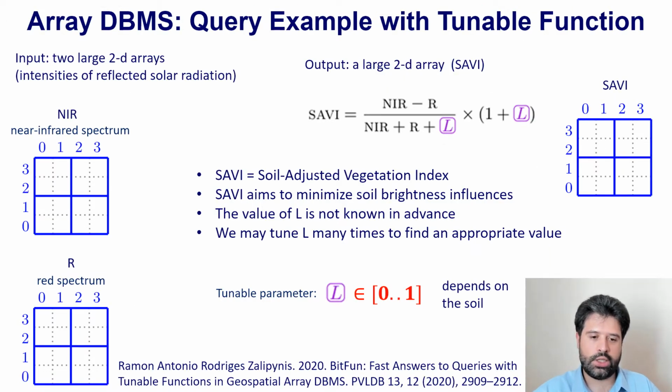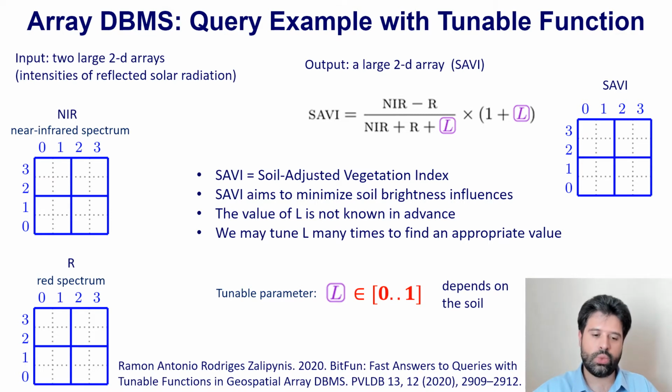Let us look at a query example with a tunable function. As input, we take two large 2D arrays storing intensities of reflected solar radiation, near infrared spectrum and red spectrum.